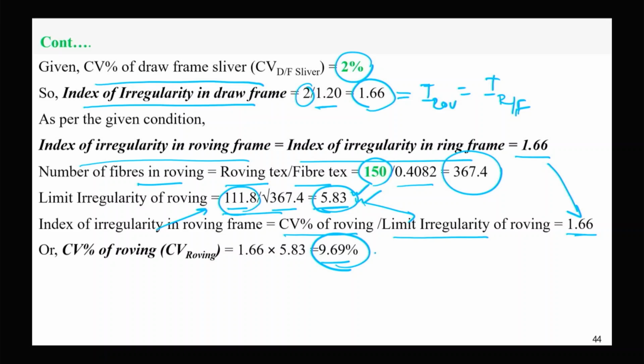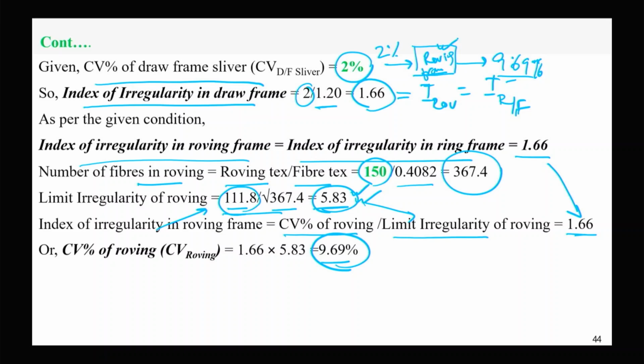Now for the roving output, this is the roving frame, and here at the roving frame, the input CV of draw frame sliver is 2%, and CV of roving is 9.69%.